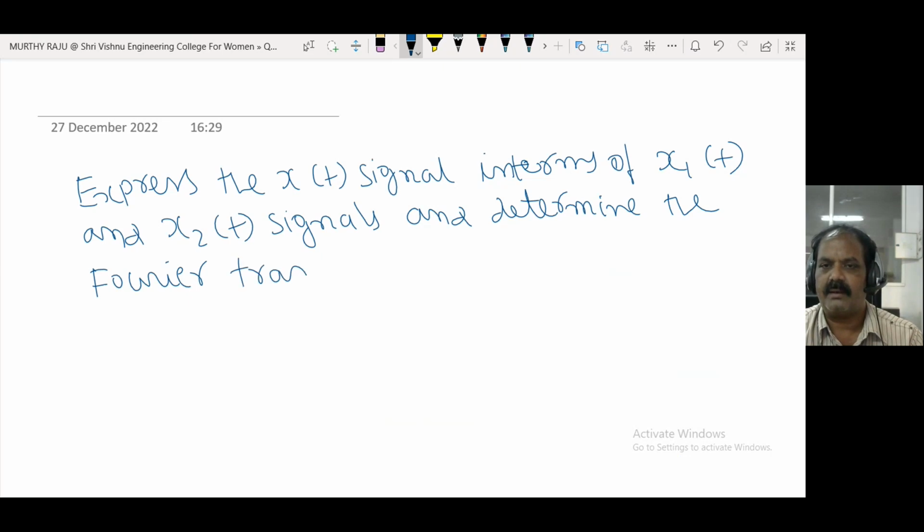Fourier transform of that signal x of t.